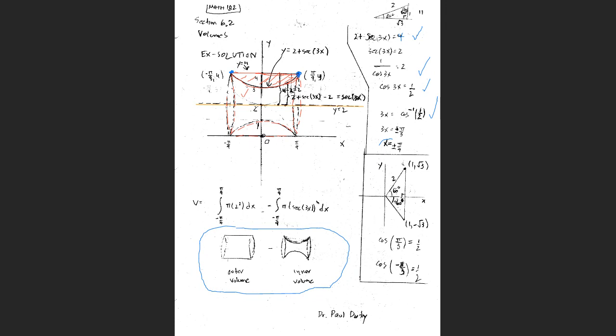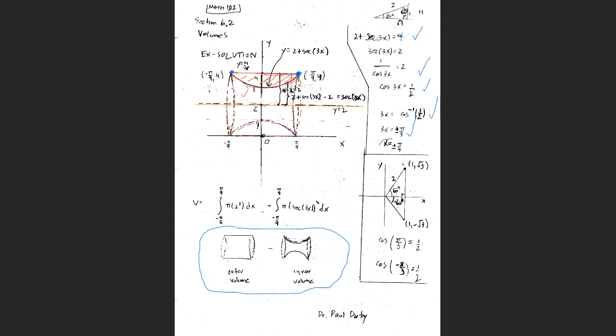The arc cosine of a half would be plus or minus pi over 3, because the cosine of 60 degrees is a half, and the cosine of negative 60 degrees is also a half. Okay?